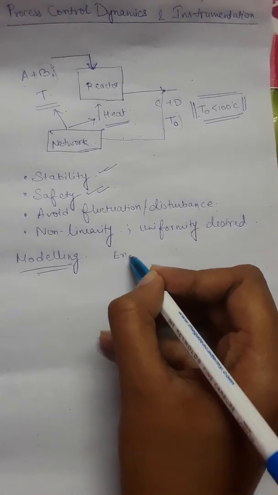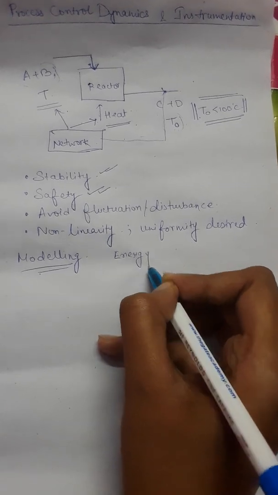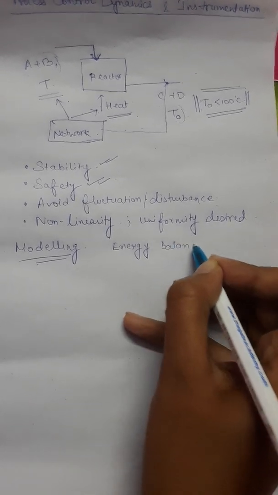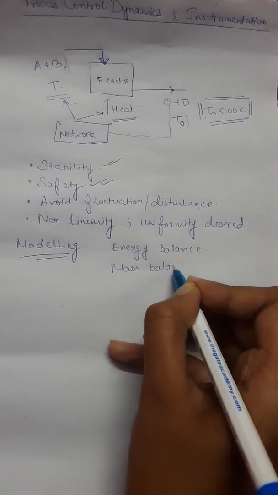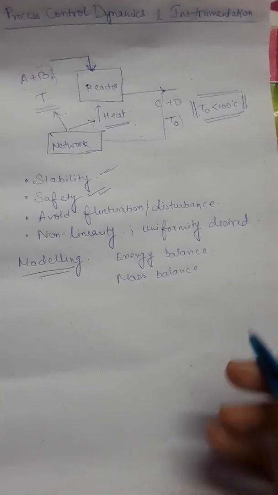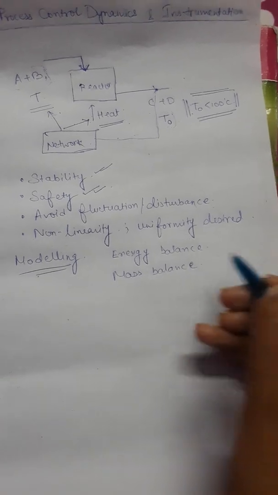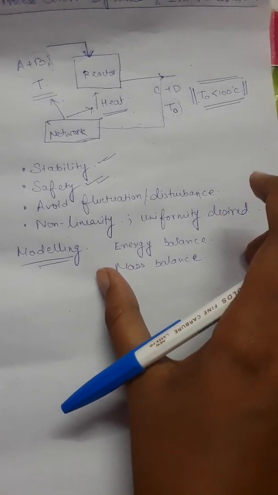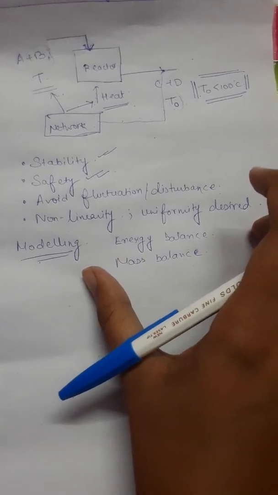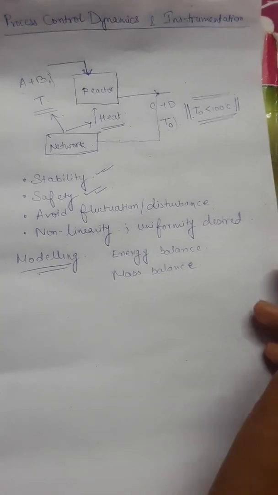Mainly the two main modeling parameters are the energy balance of the system and the mass balance of the system. So these are the two inevitable parameters that will help us model. Now from this we'll get some equations, and using these equations we will understand how a process can be controlled.